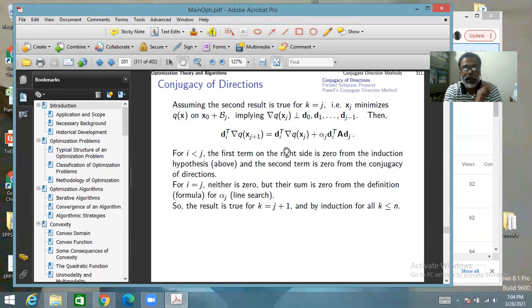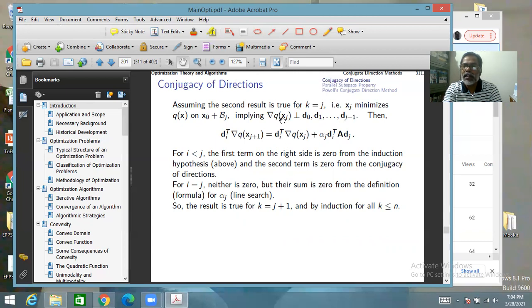Now the claim is that this new point will minimize the function over the old entire j plus 1 dimensional planar section, over the old directions as well as the current direction, dj. So for the old directions, that is i less than j, this is already implied in the induction hypothesis.